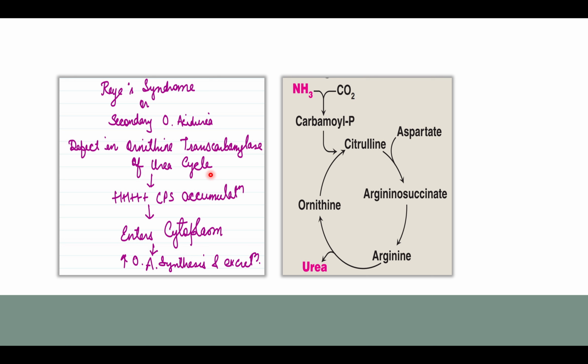This enzyme is present in the urea cycle, and because of the defect in this enzyme there is increased accumulation of carbamyl phosphate, which enters the cytoplasm, and hence this excess carbamyl phosphate is utilized in orotic acid synthesis and hence there is increased excretion of the orotic acid.